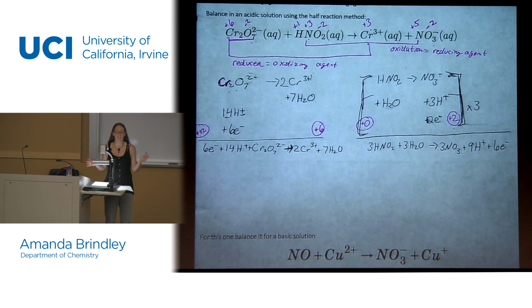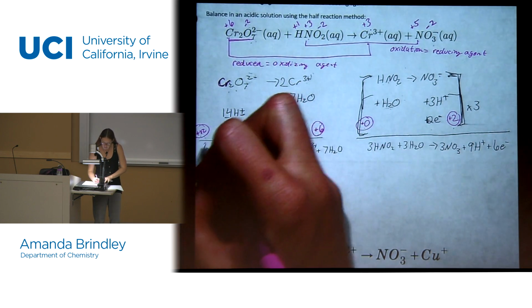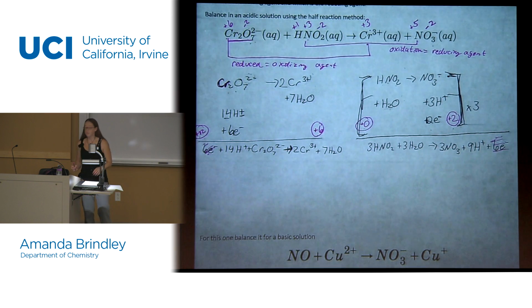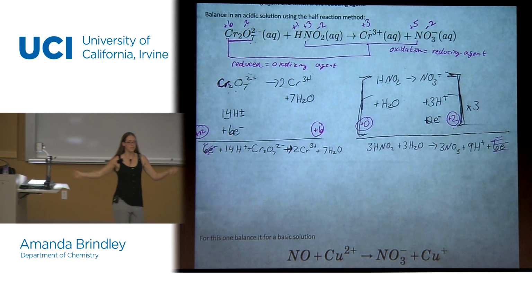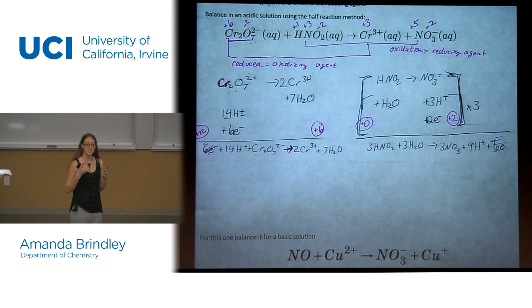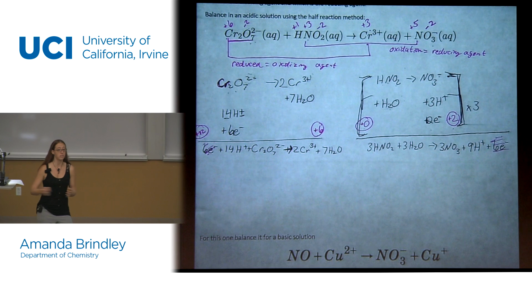We have everything balanced. All we have to do is mash them together and get rid of all the excess things. So first off, your electrons are always going to cancel out. If your electrons don't cancel out, there's a problem, fix it. If I ask you for a fully balanced redox reaction, and there are electrons in your final answer, you don't get partial credit, even if everything else is right.